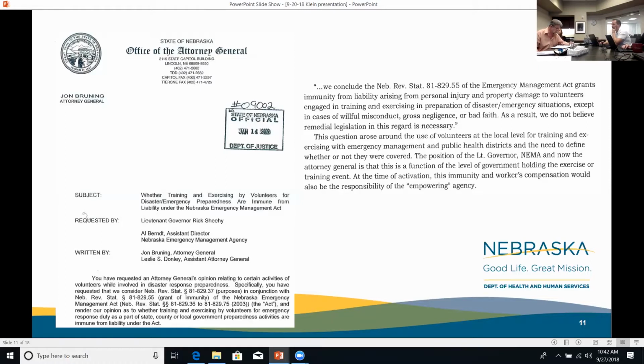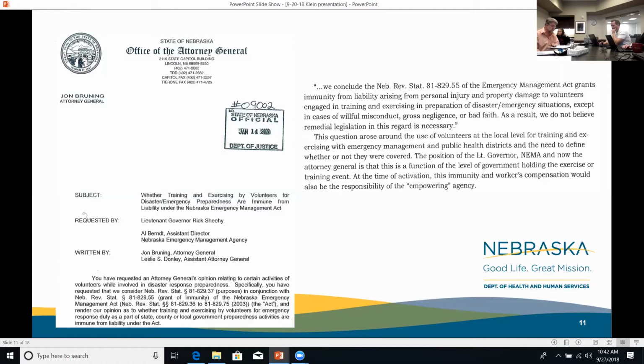But the final point that Al brought up is that the volunteers in training and in an actual event are covered by the immunity from any damage they might cause and the workers' compensation. Do note that Al said that the responsibility for this would be for the empowering agency.